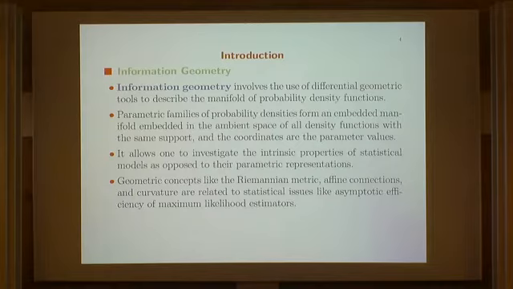And if you were to do this in a traditional way, you would use the coordinate charts on the manifold of parametrized families of probability distributions to do the optimization routine, say your Newton method or your gradient descent method.